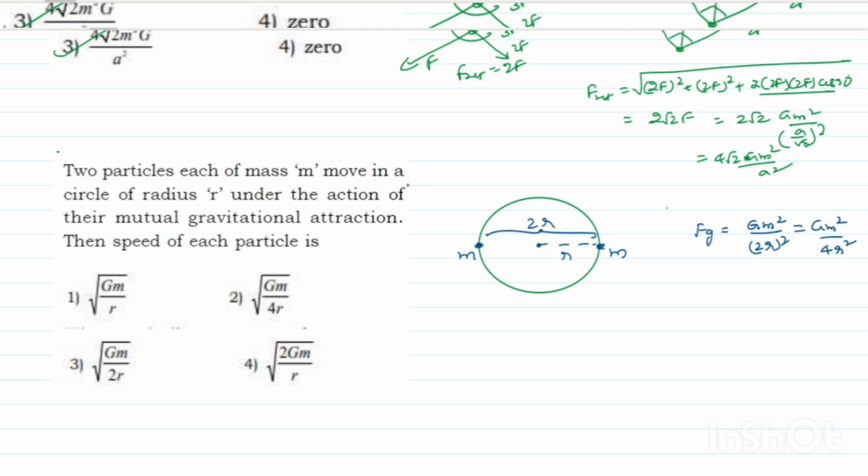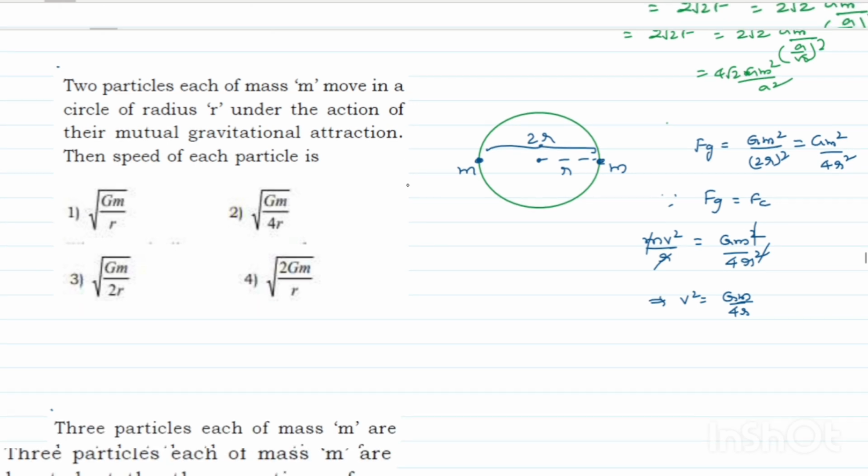Now since the gravitational force is providing the centripetal force, Fc, which is m v square by r, will be equivalent to G m square by 4r square. One r gets cancelled, one m gets cancelled, which gives v square equals G m by 4r. And the speed of each particle is v equals root of G m by 4r.